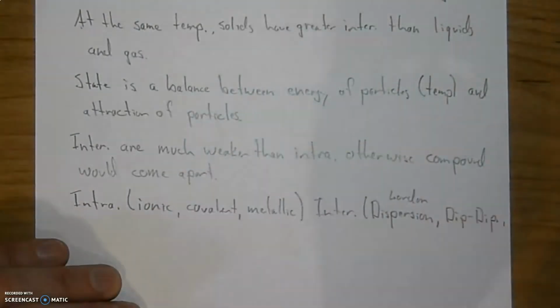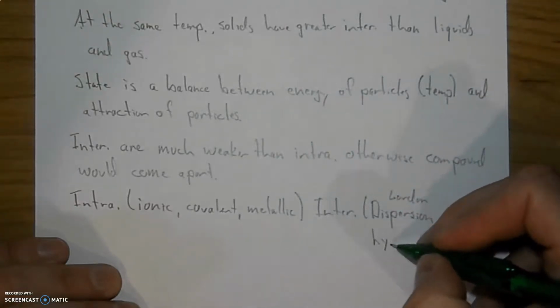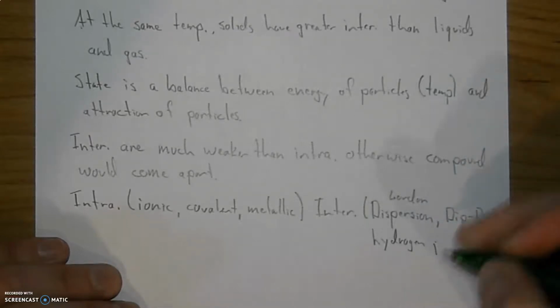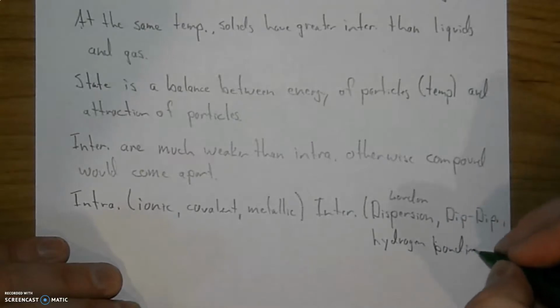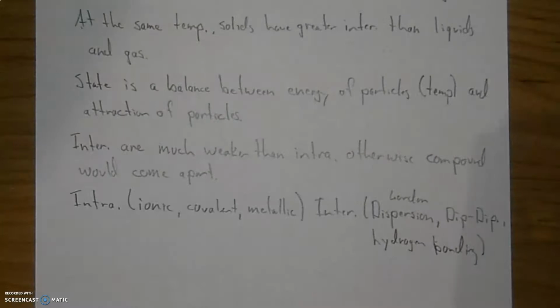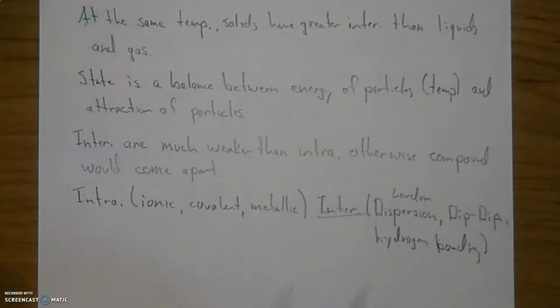And one of the other ones that goes in this category is hydrogen bonding. It's supposed to be a B. Hydrogen bonding. Actually, hydrogen bonding is a dipole. It just happens to be a very specific strong dipole. But typically we give it its own little category. It is a dipole, but these are the intermolecular forces specifically.